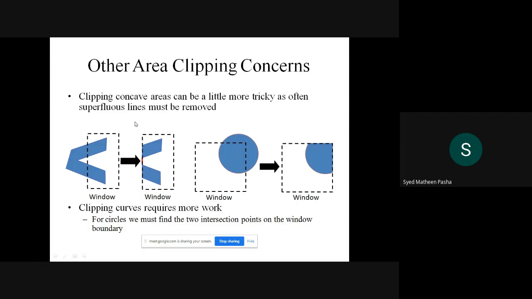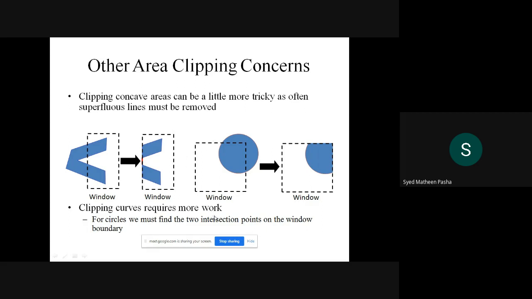Check out here, this is the condition representation with respect to objects. Clipping concave areas can be a little more tricky, as often superfluous lines must be removed. That is, concave areas with lines which meet some conditions. So it is very difficult in area clipping.